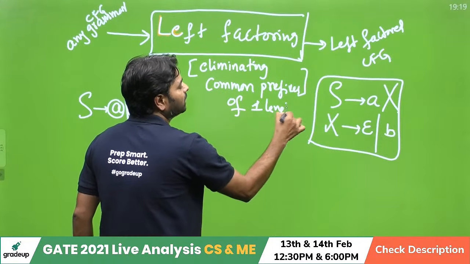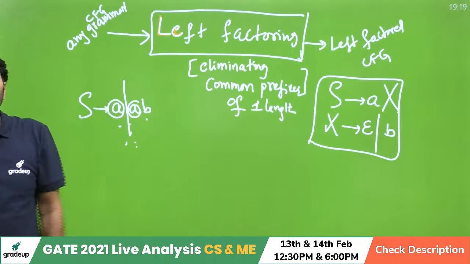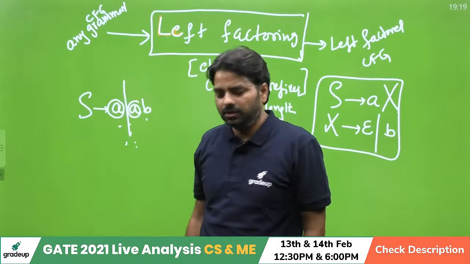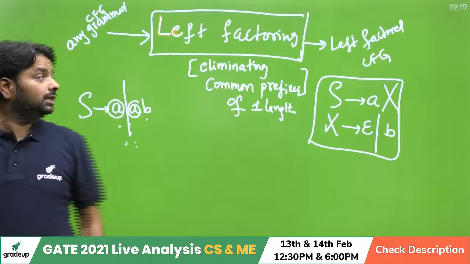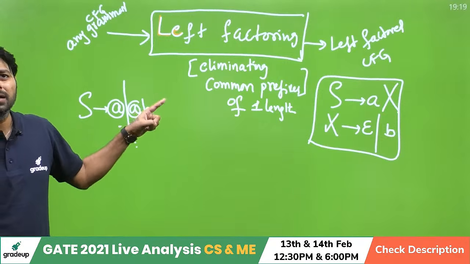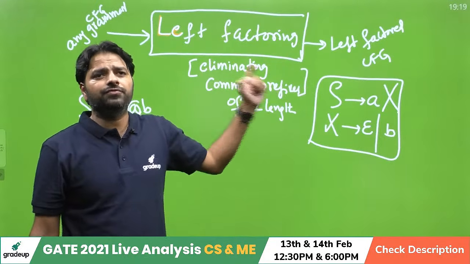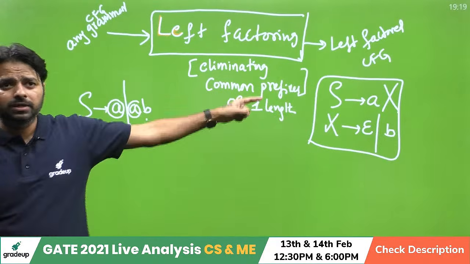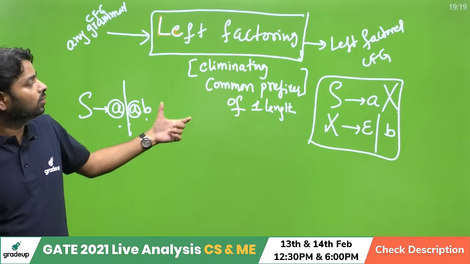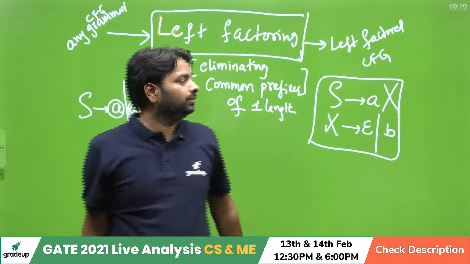Two length we don't do because we are not implementing an LL2 parser. Clear? In LL2 we look for two length. That's different, and not in the syllabus, but understand it. Yes, this grammar is LL2. Good example, I will take that too. Is that clear? What is left factoring? It takes any context-free grammar, eliminates common prefixes and converts it into a left factored grammar. It's a left factored grammar now. Epsilon we don't look at because we look for one length. Here this is zero length, that is one length. There is no problem in the one length. All right.